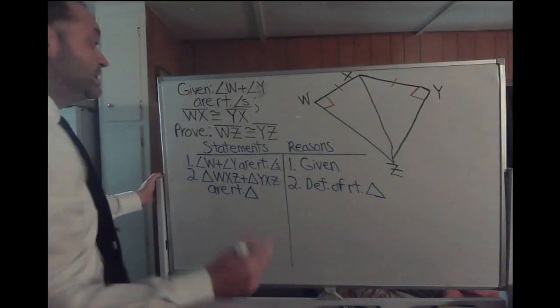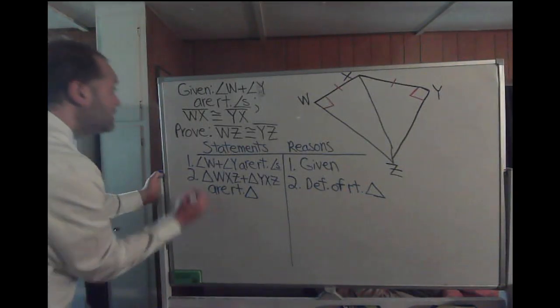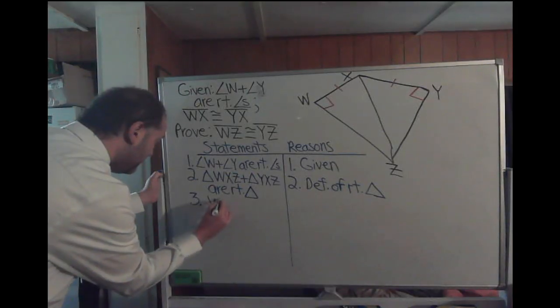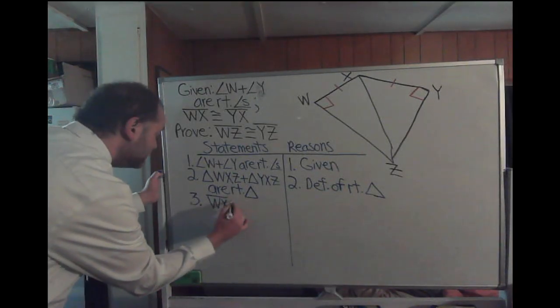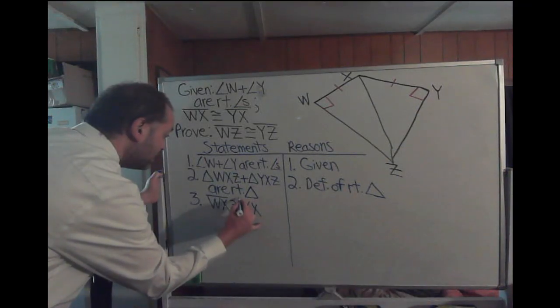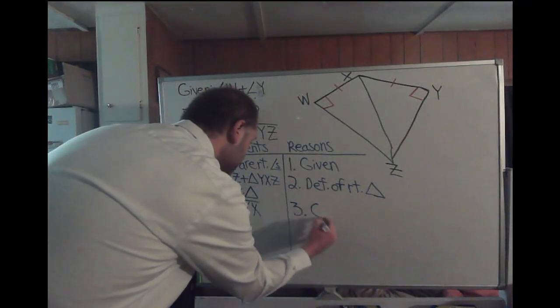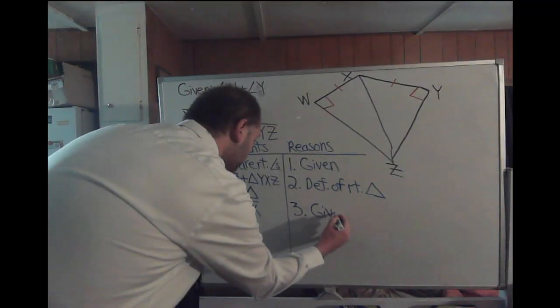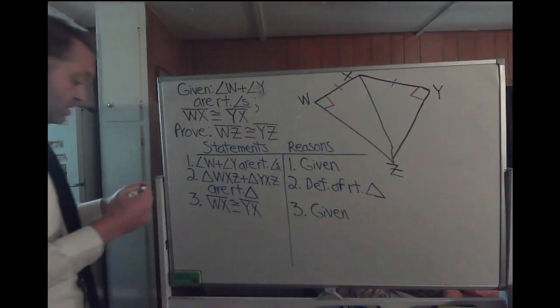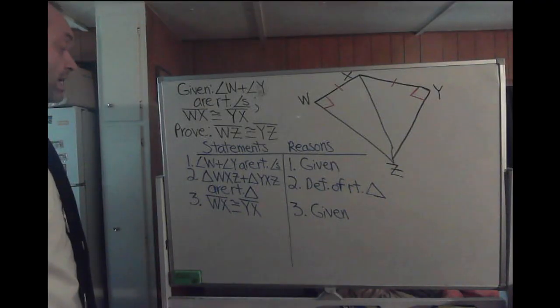Okay. Now we can use the next piece of given information that WX is congruent to YX. That, of course, reason 3 is it was given to us. Alright, well, let's look at this diagram here.